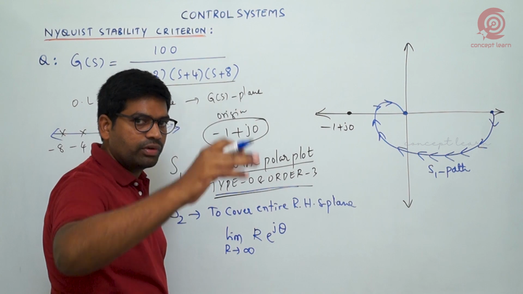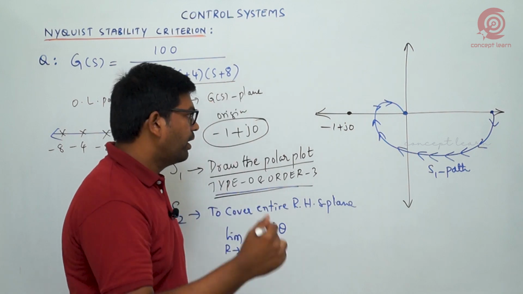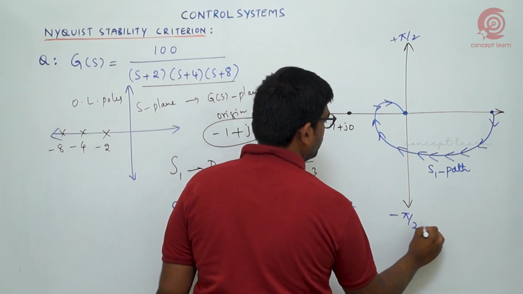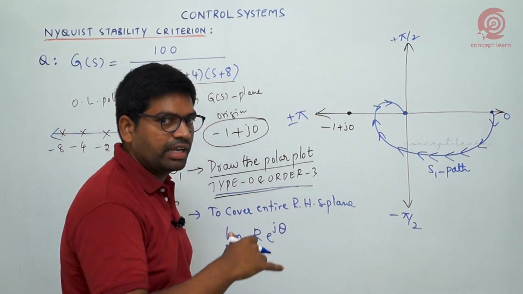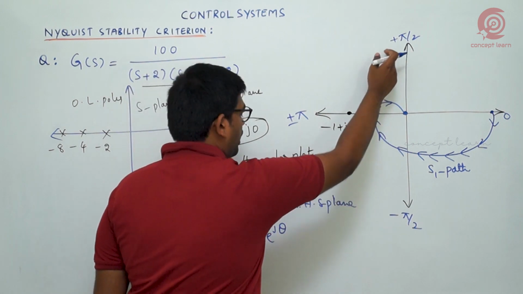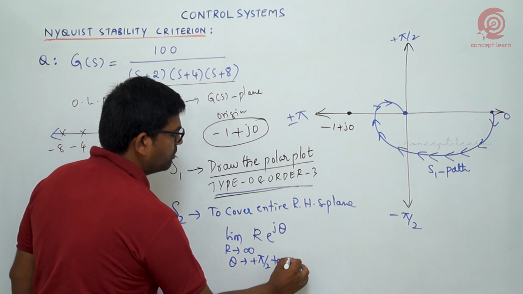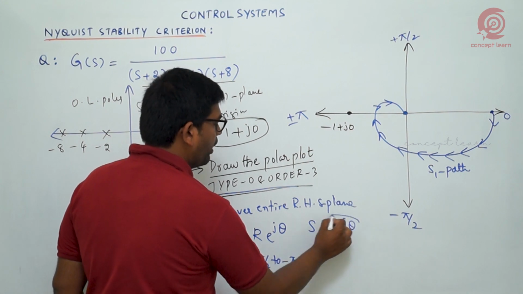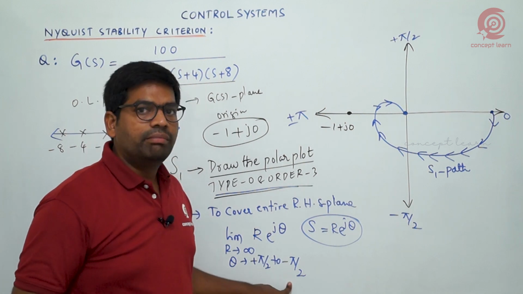As I said, infinite distance we need to cover. So right hand side means I am coming from this is plus 90 and this is minus 90. If you start 0 from here, this is plus or minus 180 phase angle notation. So when I am covering the entire right half of S plane, I need to go with phase angle from plus 90 to minus 90. Wherever S is there, I should substitute re^(jθ), where r tends to infinity, and θ is from plus 90 to minus 90.